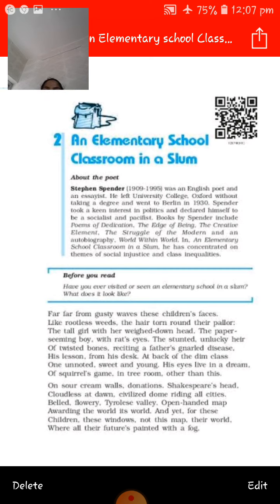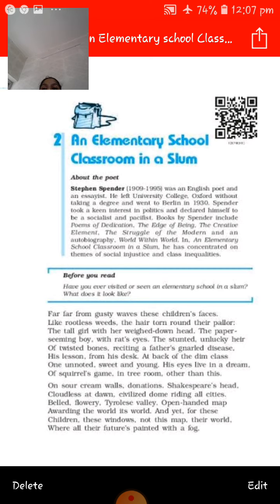And buildings with domes are also invisible in their lives as they live in slums, and world maps are a totally strange thing for them, as for them the slum area is a whole world, so the world map has no importance in their life.